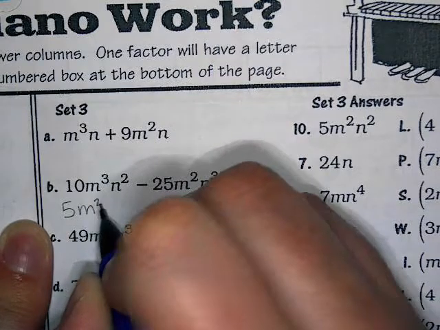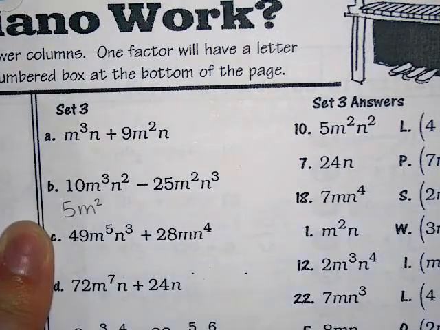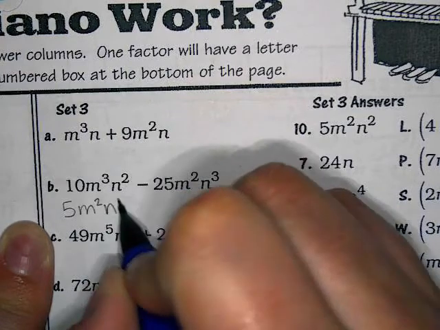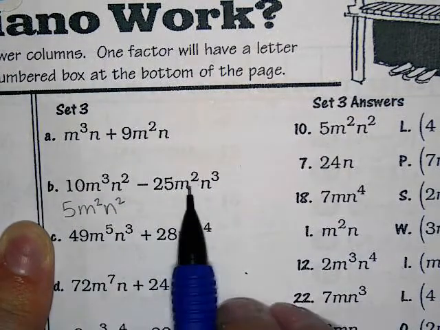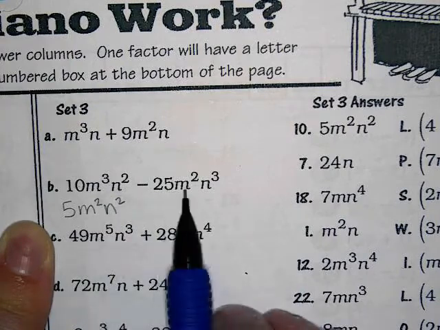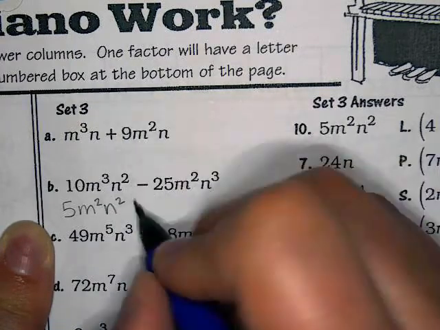Between an n squared and an n to the third, what should we take out? 2, so take out an n squared. So see how I just compared the things that were similar. So I compared the numbers, I compared the m's, and I compared the n's. And so now we're going to look at them one at a time.